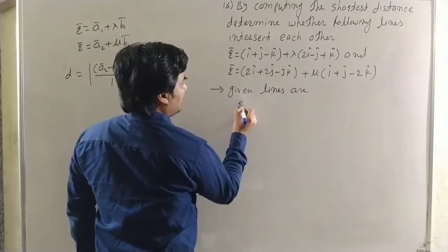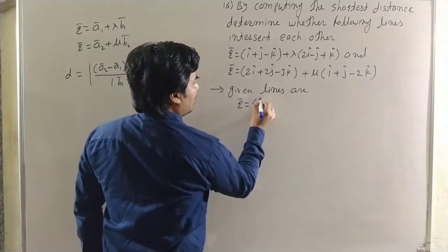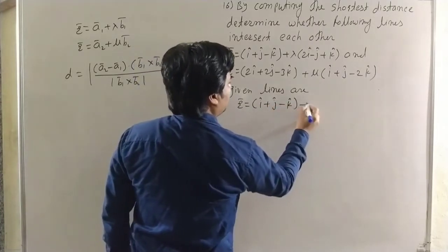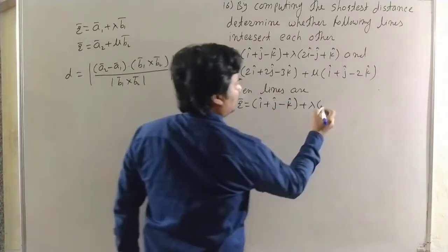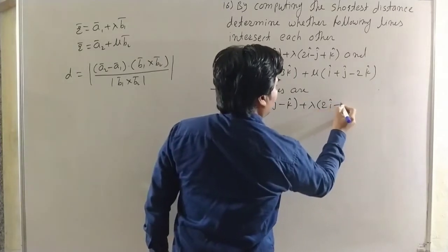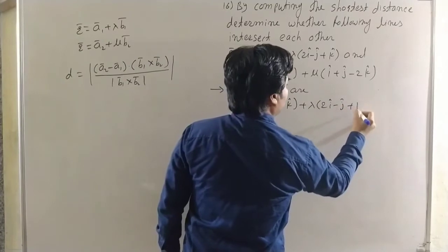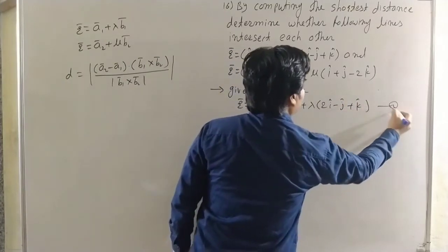r bar is equal to i cap plus j cap minus k cap plus lambda into (2i cap minus j cap plus k cap). Here it is equation number 1.